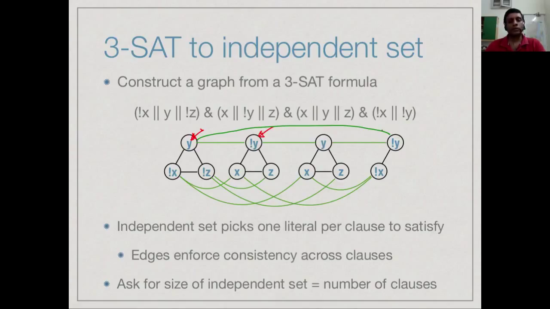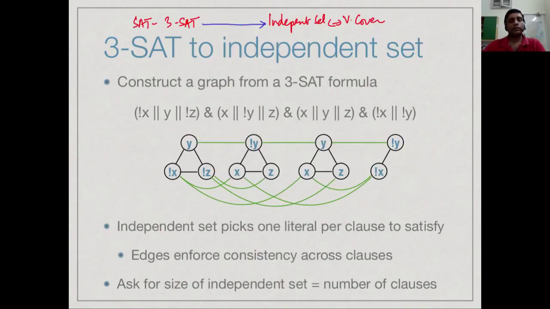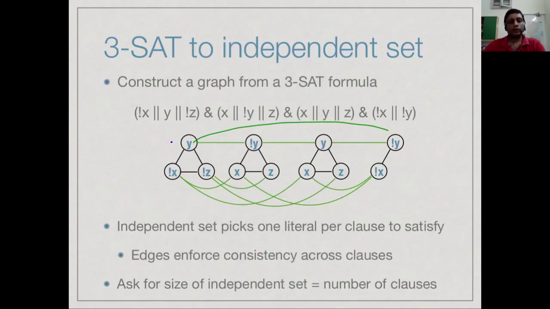So what the independent set is doing is trying to pick out a solution by looking at each clause, and saying that maybe I pick y here. If I pick y here, then I'm going to rule out these things.